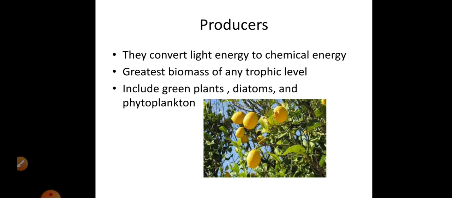The producers, as we said, convert light energy to chemical energy, and they make the greatest biomass of any trophic level. They include green plants, diatoms, and phytoplankton that live in aquatic environments.